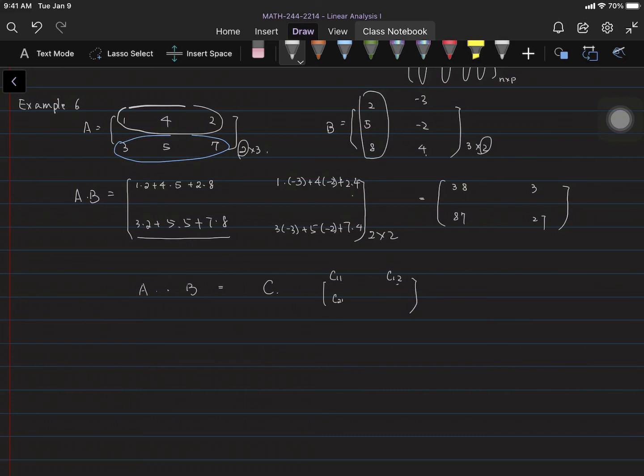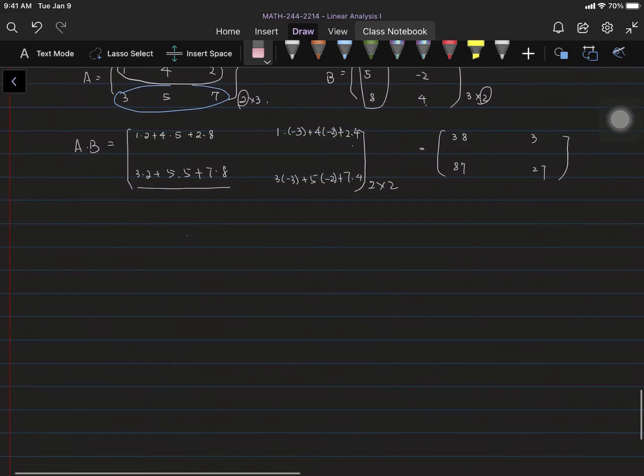C21 is the second row, first column. C22 is the second row, second column. I think this is easier for you to set up the position of the numbers. So let's try this exercise problem. Don't worry too much. I know this may be difficult at the beginning, but you just need a little bit of practice.